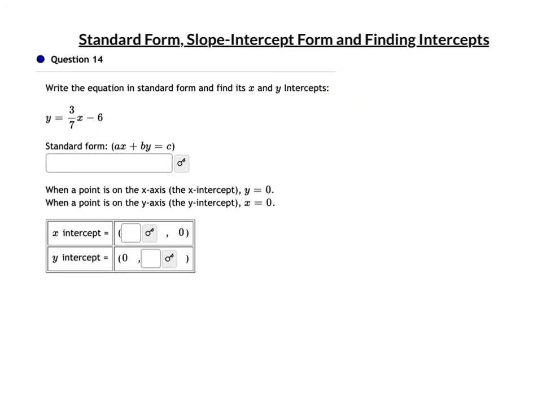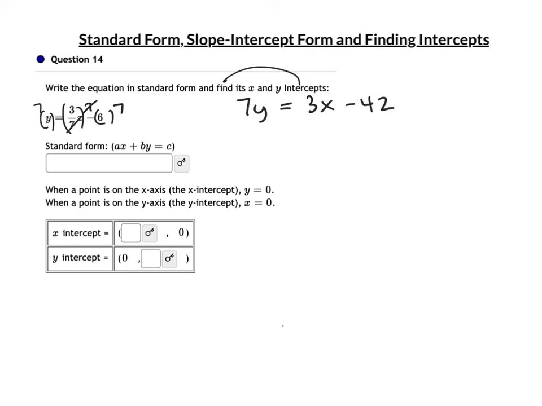Let's take a look at this one. A little easier to move to standard form. I'm going to get rid of fractions and multiply by 7. The 7's cancel. I get 7y equals 3x. Don't forget to multiply the 6 by 7, minus 42.